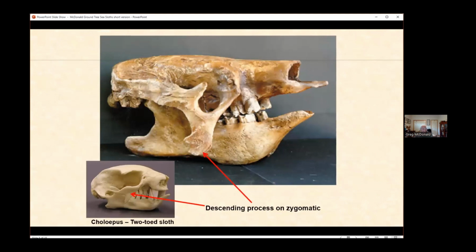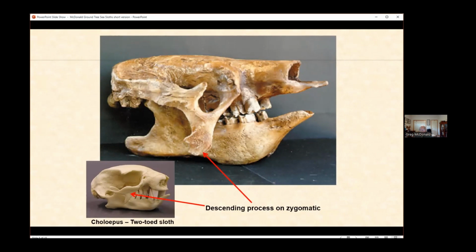One of the key features that Cuvier picked up on from the drawing was the presence of this bony flange below the eye in the skull of Megatherium, recognizing that he had seen that in the skeleton of the modern sloths. And so that bony flange there, to which the masseter muscle attaches, is one of those very distinctive features that you see in sloths.